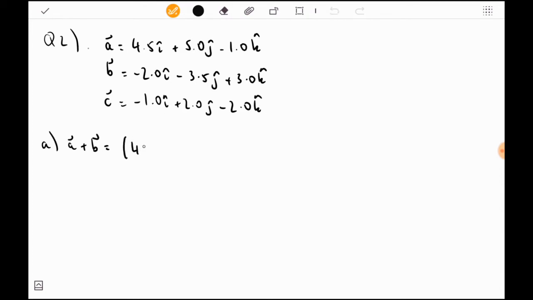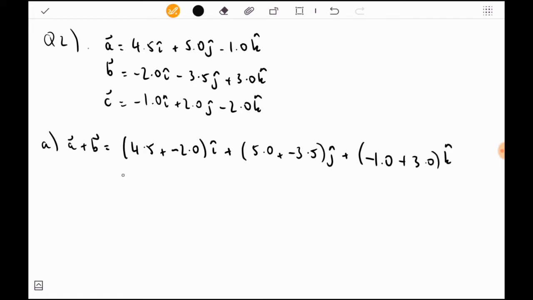So this will become 4.5 plus minus 2.0 i, plus 5.0 plus minus 3.5 j, plus minus 1.0 plus 3.0 k. So this just becomes minus there.